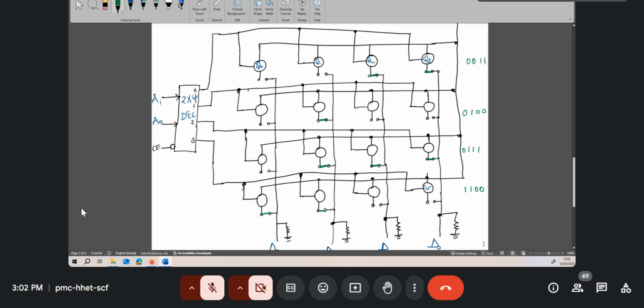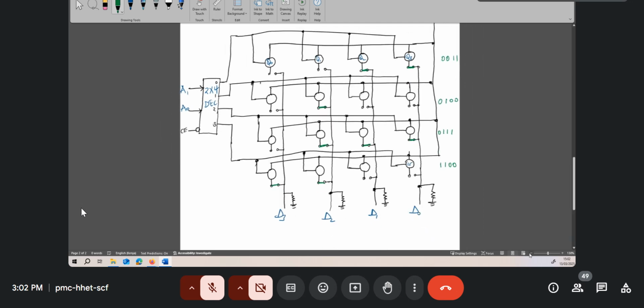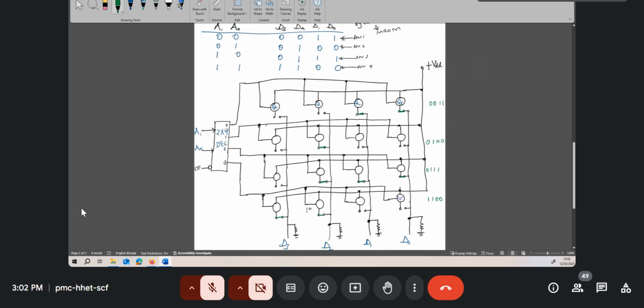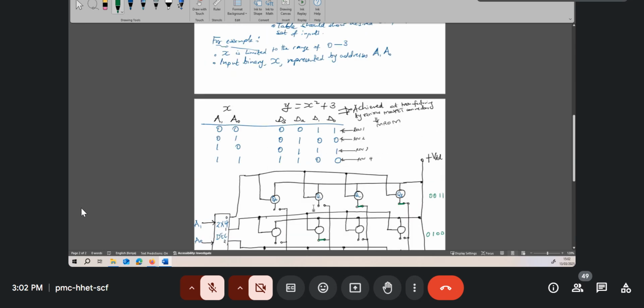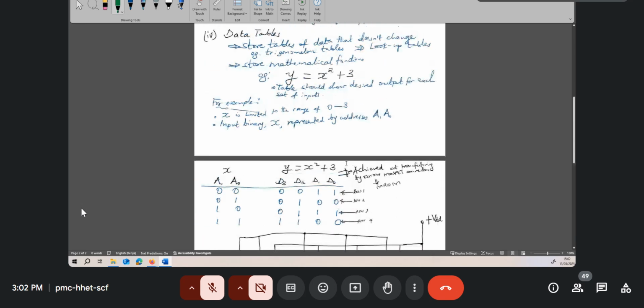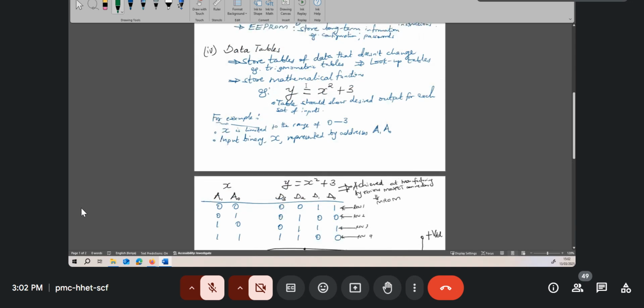And in so doing, we have illustrated how our mask programmed ROM can be used to store mathematical functions, and that makes calculations very fast because there are no computing intensive tasks to be done.